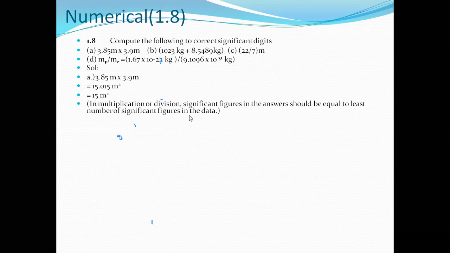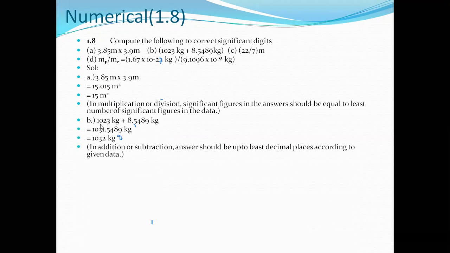In multiplication and division, the significant figures in the answer should be equal to the least number of significant figures in the data. The least is 9, with 2 significant figures, so the last value is 0. Instead of writing 0, we can simply write it as 15 meter squared.